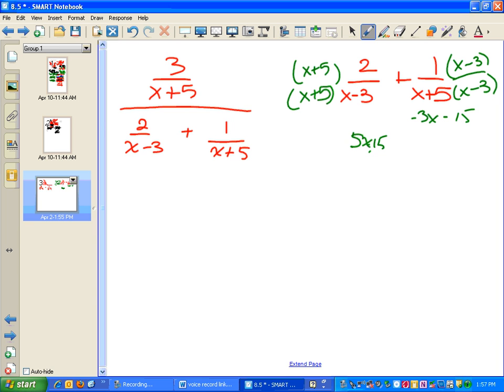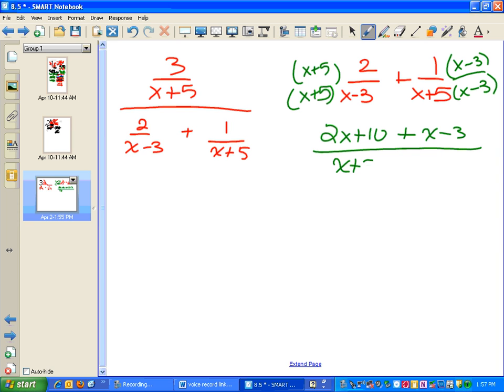Did I convince you? Okay, so that gives me what in the numerator here? Okay, 2x plus 10, and here? Okay, and my denominator is a product of x plus 5 and x minus 3. So then I get 3x plus 7 over x plus 5 and x minus 3.